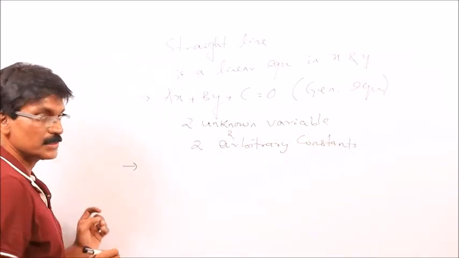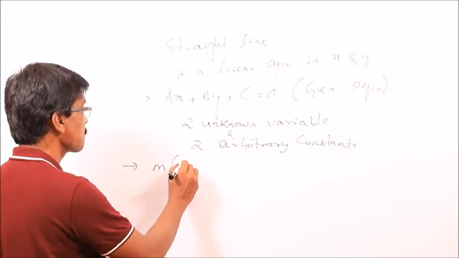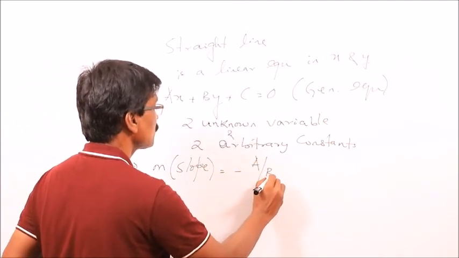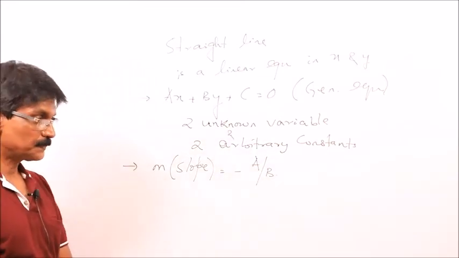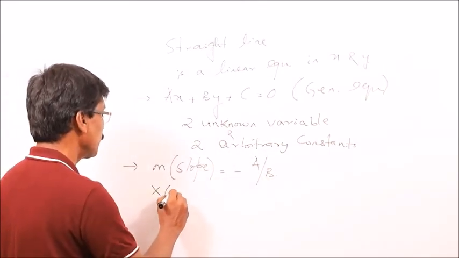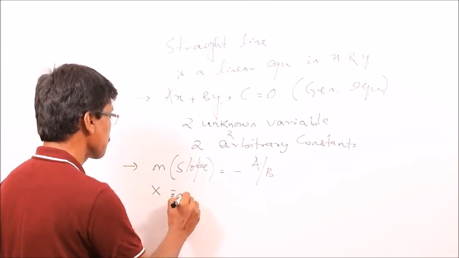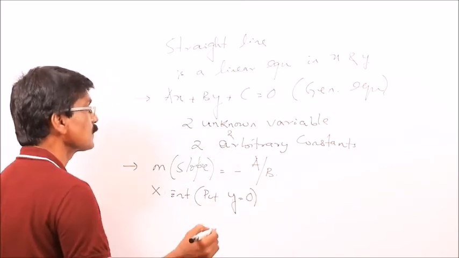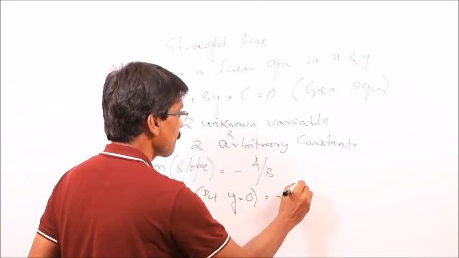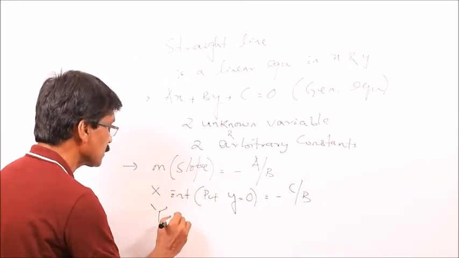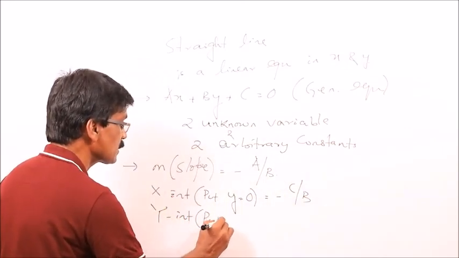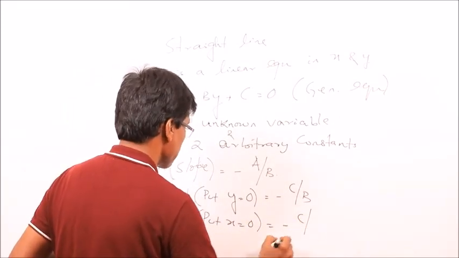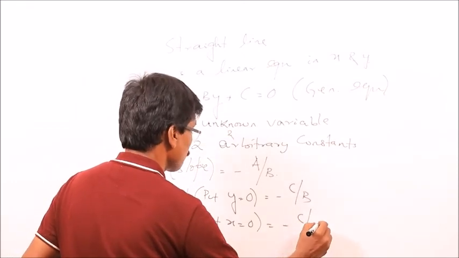And second thing, the slope of a line is minus a by b, and to find the x intercept we put y is equal to 0, that is equal to minus c by a, and for the y intercept we put x is equal to 0, that is equal to minus c by b.